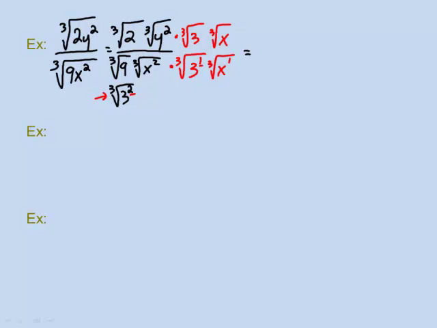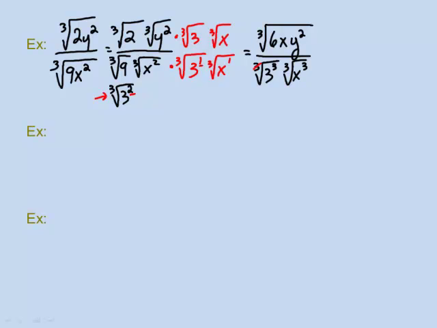So now up in our numerator, if we combine all 4 of those radicals into one expression, we've got the cube root of 2 times 3 is 6, and then we've got x to the first and y squared in our numerator, none of which can be simplified. In our denominator, we've got now the cube root of 3 cubed, or the cube root of 27, times the cube root of x cubed.